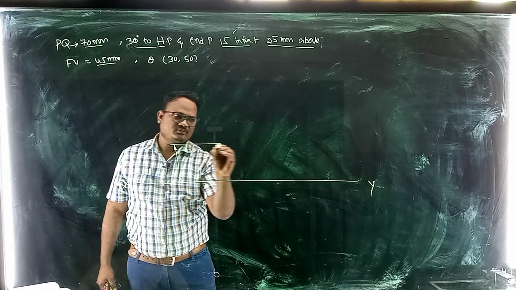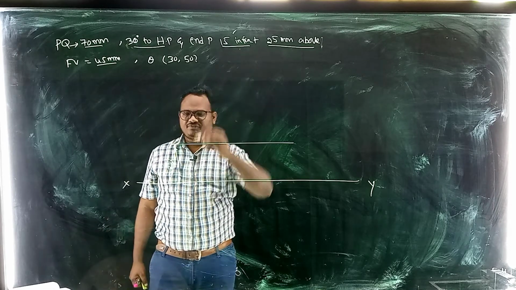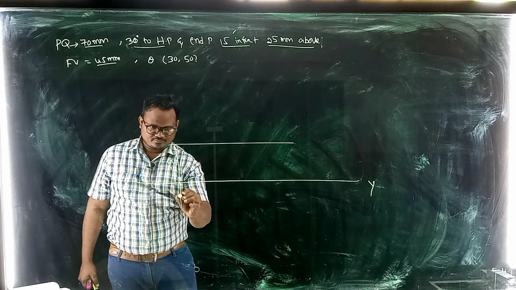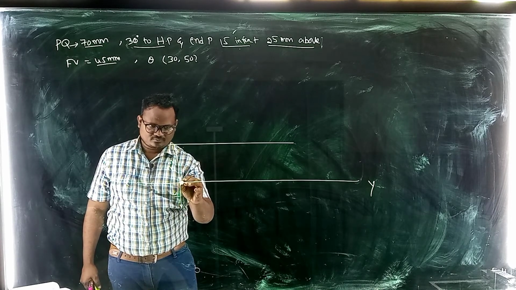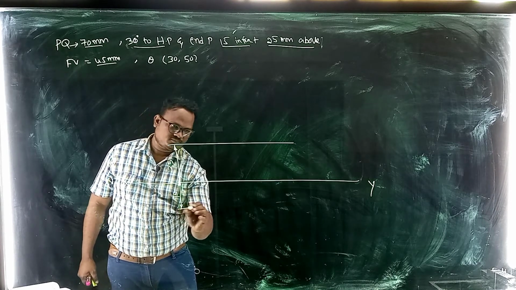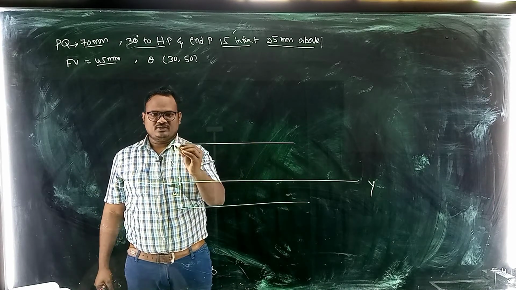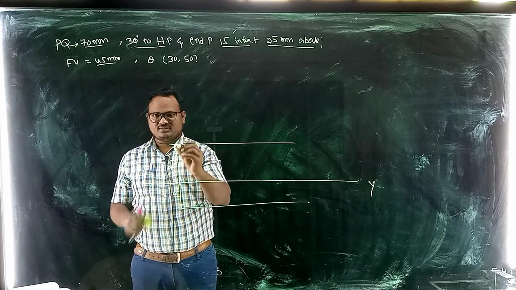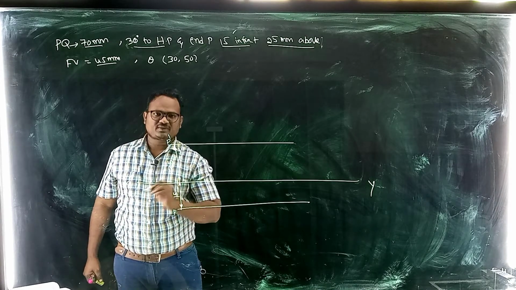So here, this is at 25 mm above HP, and in front of VP 15 mm. These two are the end points. This is P dash, this is small p.